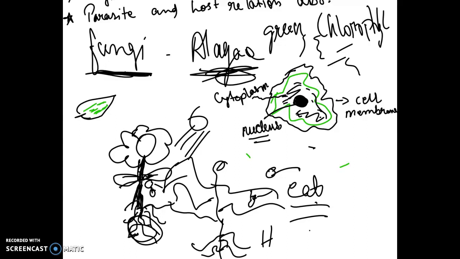So omnivores are those organisms who eat both plant products and animal products. But herbivores only eat plant products, and carnivores eat only meat, only animal products.